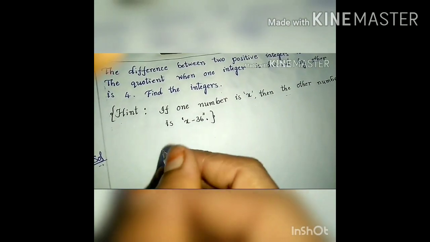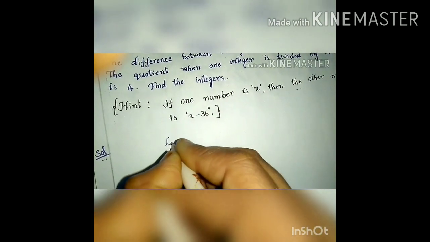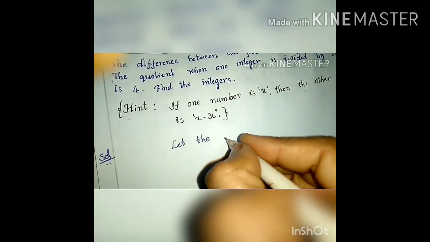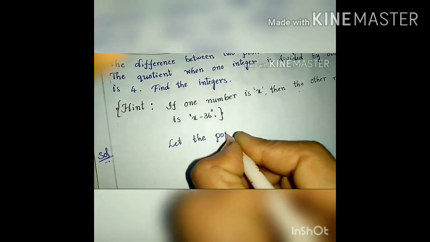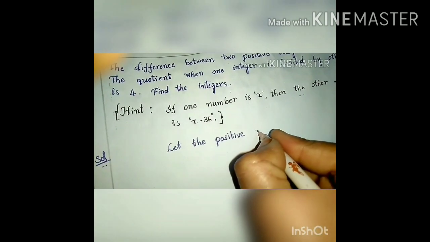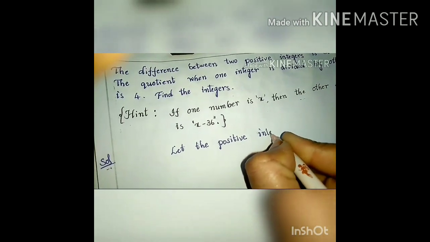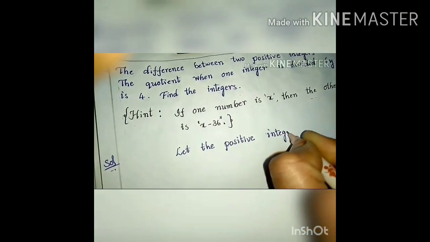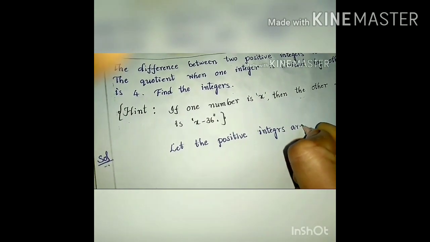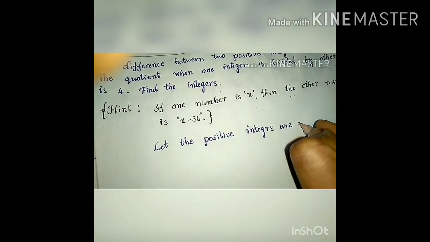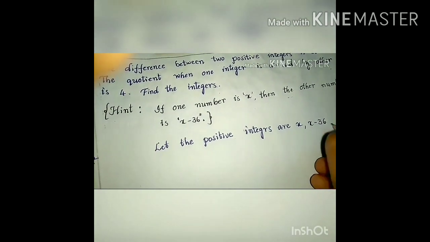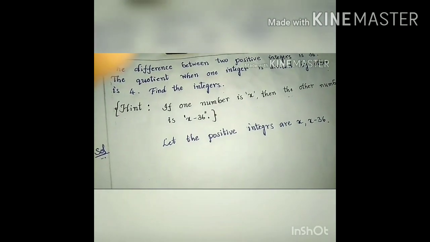Now, let the positive integers be x, x minus 36. Okay.